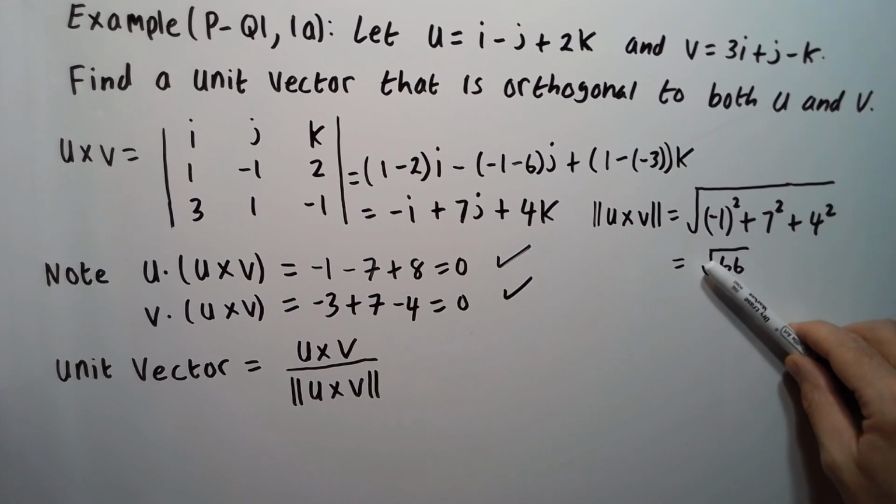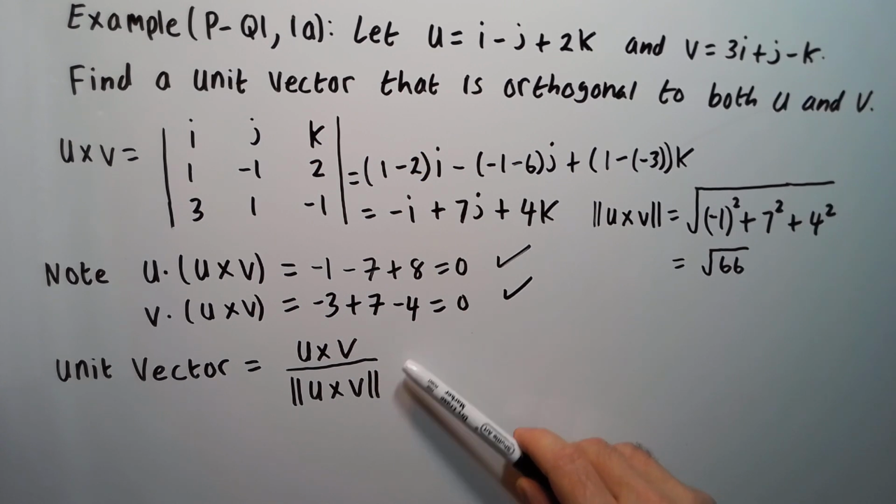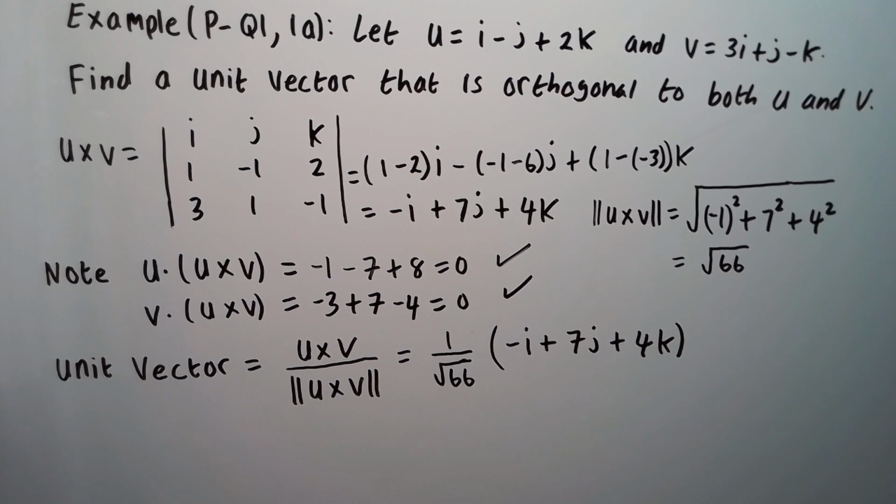So it's the square root of 66. Then let's write out my unit vector: 1 over the square root of 66, times our vector here. This should be a unit vector.